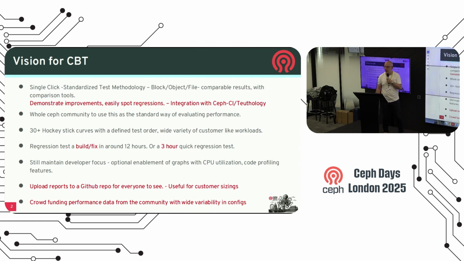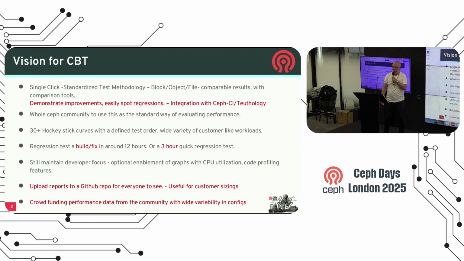So you can demonstrate the improvements and easily spot regressions. We'd like to adopt this as the way of benchmarking Ceph across the community, so we can all compare results together.